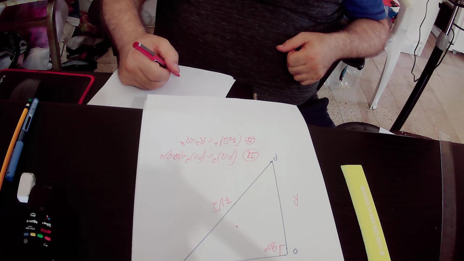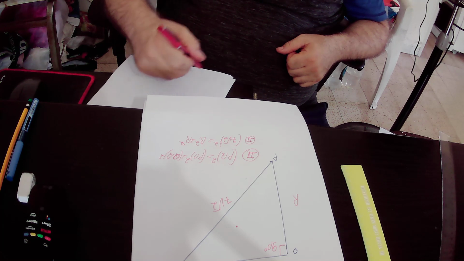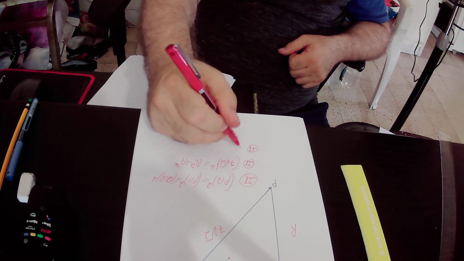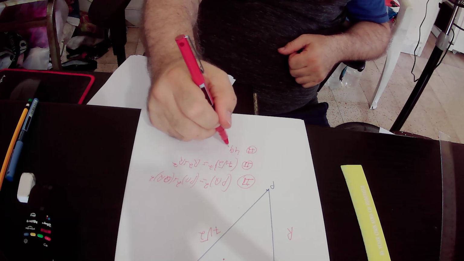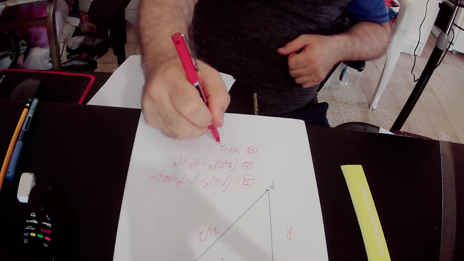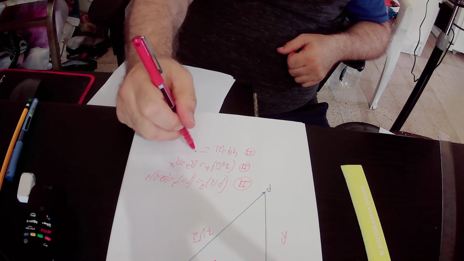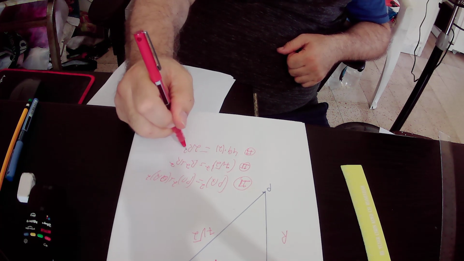Okay, 7 times root 2 square equals 49 times 2, which equals R square plus R square, which equals 2 times R square.